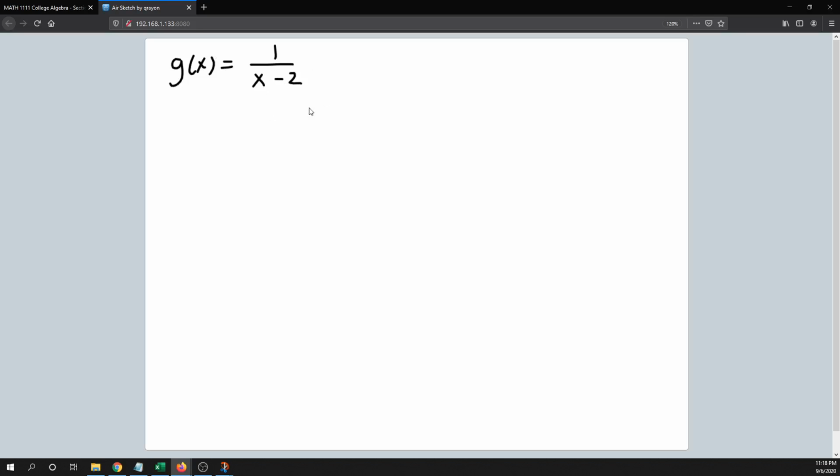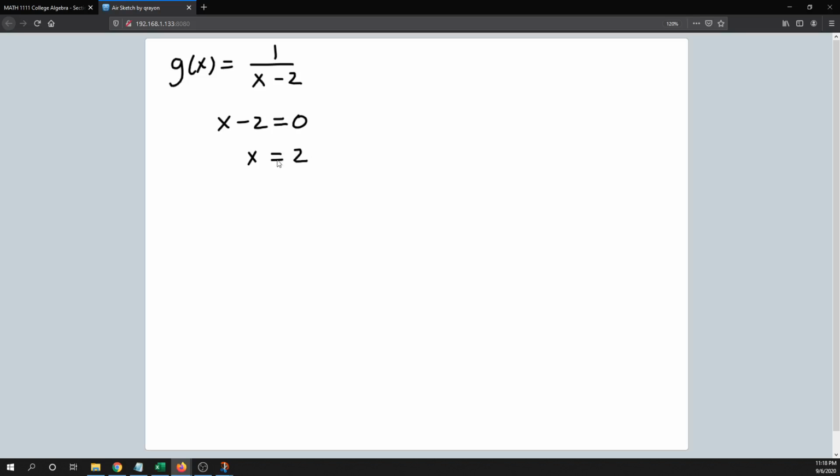The first thing that you need to check is, does this function have any fractions with variables in the bottom part? And the answer here is a big yes. So what you want to do is set the bottom part equal to 0 and solve out that equation. Solving that out, I get x equals 2.